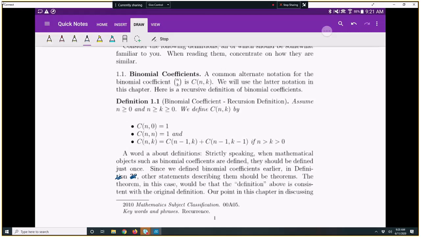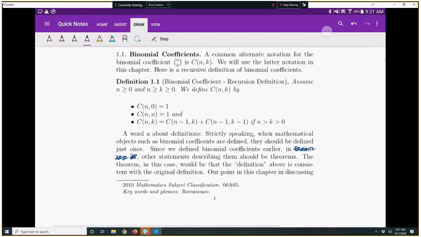This will be forming the basis for this definition. And then each n choose k, we can define in terms of n minus 1 choose k and n minus 1 choose k minus 1. So we'll say that n choose k is equal to n minus 1 choose k plus n minus 1 choose k minus 1. And in this way, we're defining each term in terms of previous terms.